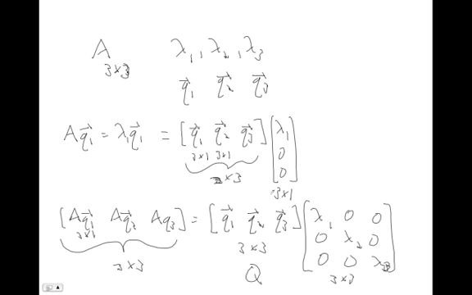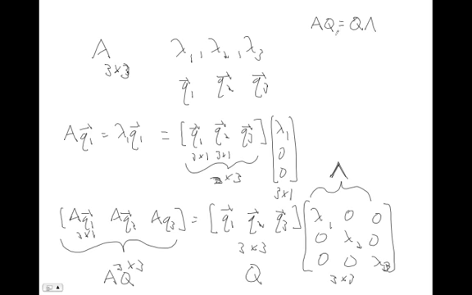It is invertible, and I can restructure this as A times Q, and let's call this matrix here capital lambda. So I can rewrite this equation as AQ equals Q lambda, where lambda is a 3 by 3 matrix that's diagonal with the eigenvalues on its diagonal.